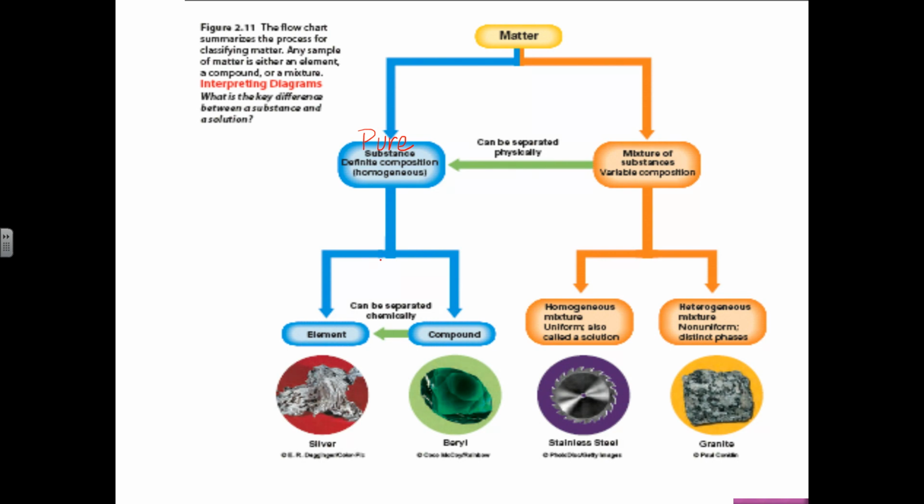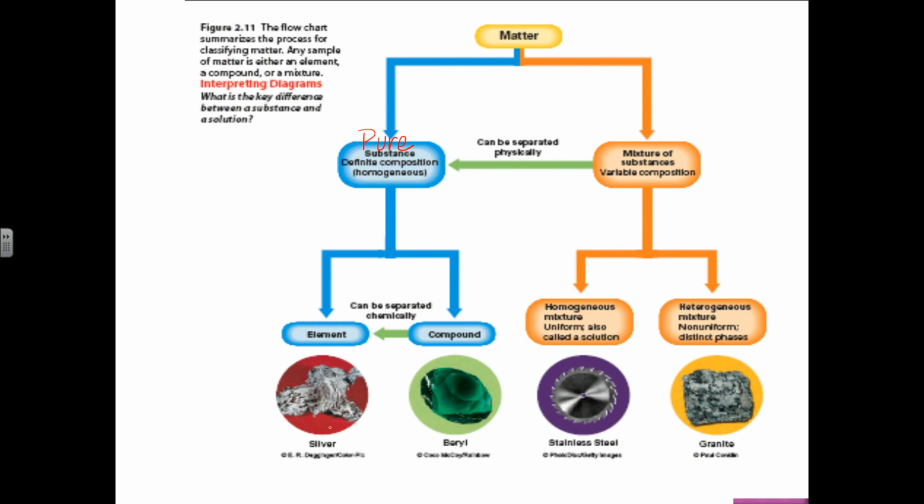Pure substances can be further subdivided into either elements, which corresponds to each of the 118 elements on the periodic table, or compounds, which is what forms when the atoms combine chemically.